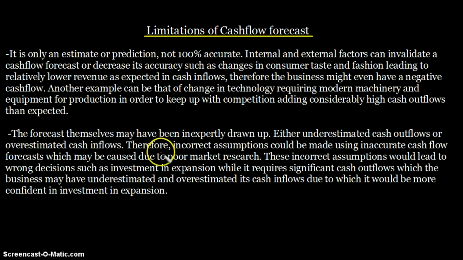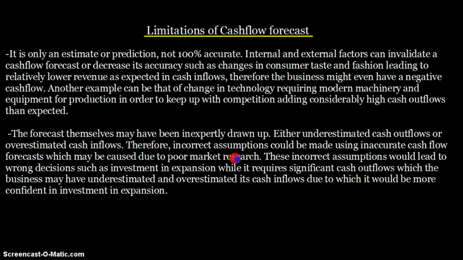Another point I've covered here is that the forecasts themselves may have been inexpertly drawn up. First, it was that it's an estimate or prediction, not 100% accurate, and some factors can invalidate the accuracy. Now it's that it may have been inexpertly drawn up. Either they have underestimated cash outflows or overestimated cash inflows, and either could be harmful for the business.